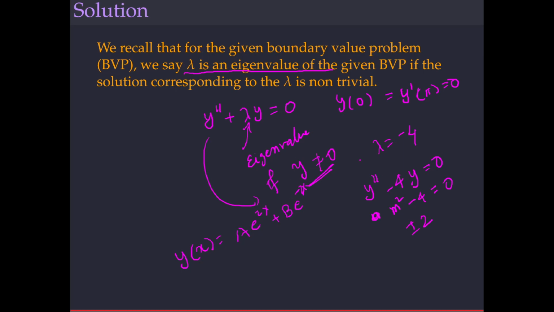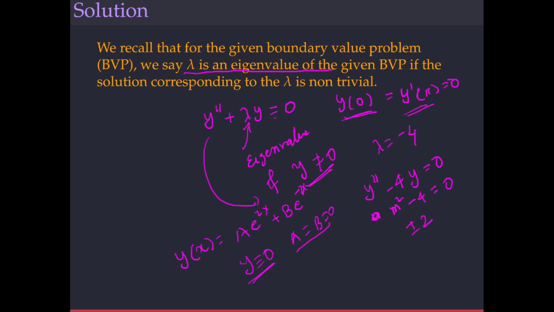Now if you put the boundary conditions here, then you will see that y = 0 because you'll be getting a = b = 0, and therefore -4 cannot be an eigenvalue.